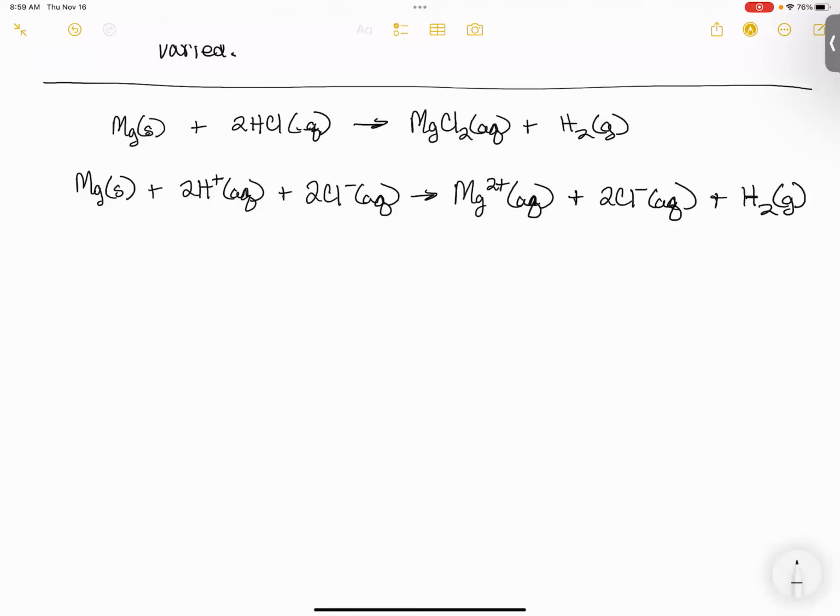And we then went on to develop the net ionic equation as magnesium solid plus 2H+ aqueous going to form magnesium ion plus H2 gas.